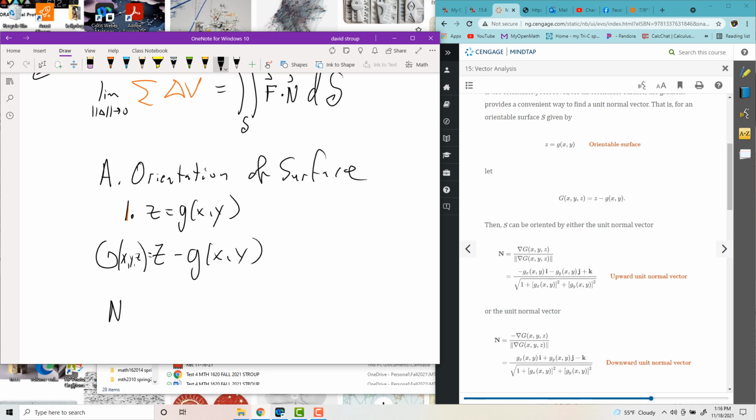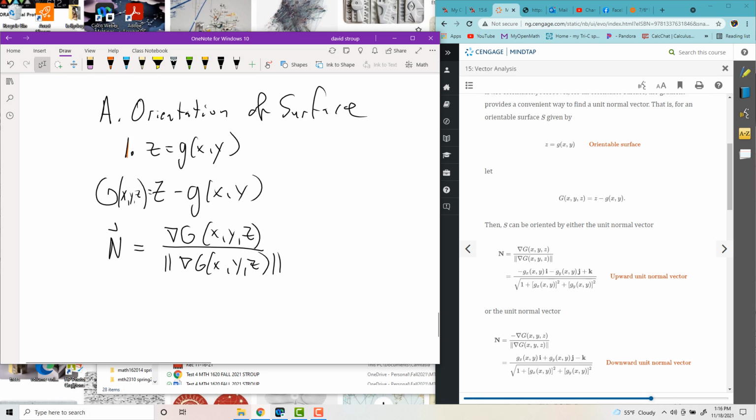But we want a unit normal vector, right? So it's a gradient, sure, but then you have to divide by the magnitude of the gradient. So gradient of G of x, y, z, all over the magnitude of that thing, and that will be the upward unit normal vector. And then downwards is just the negative of that. But like I said, in the homework we're always going to be using the upward unit normal vector, so don't even worry about it.